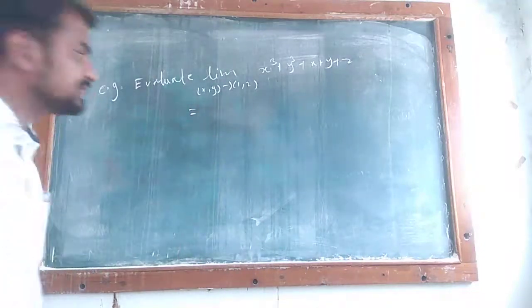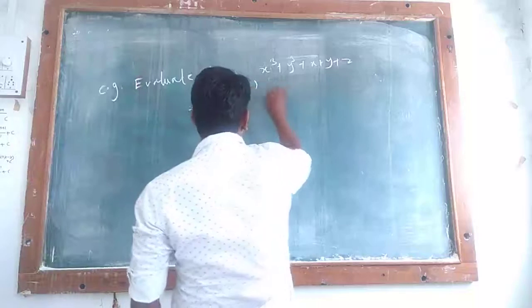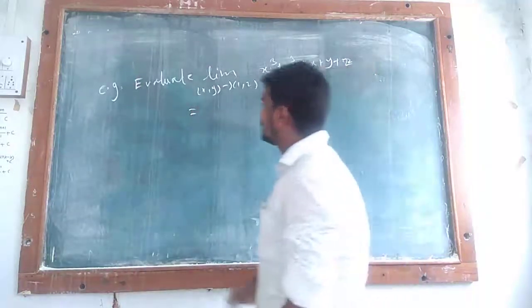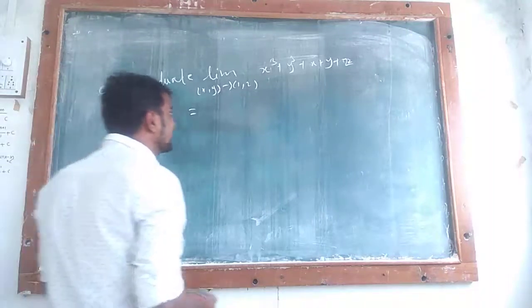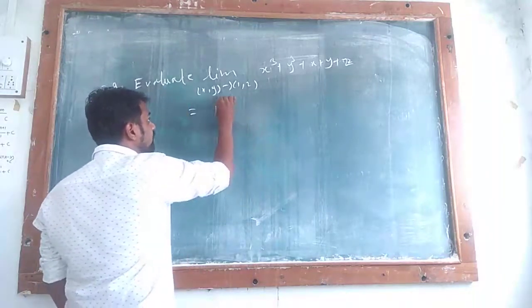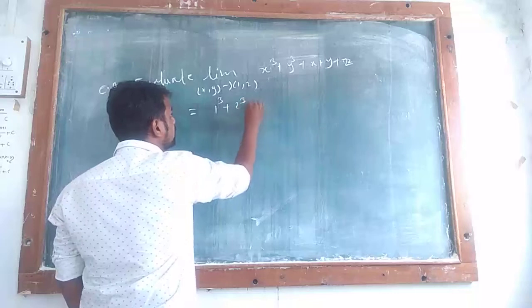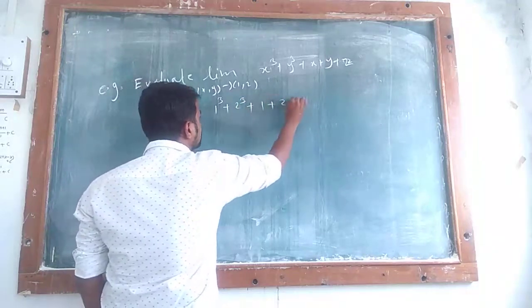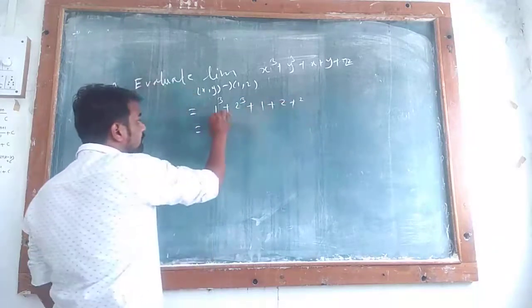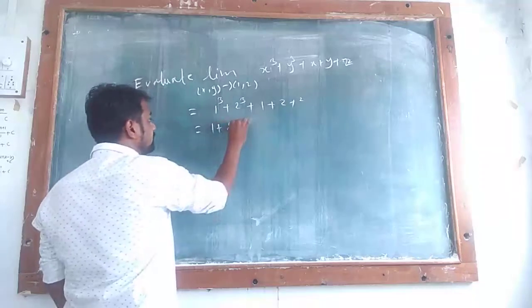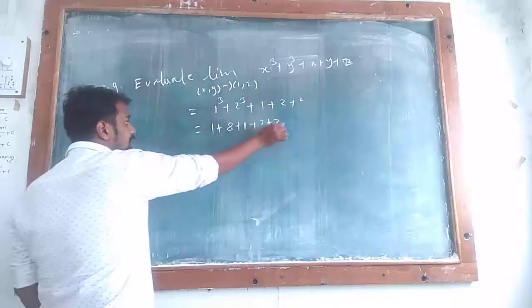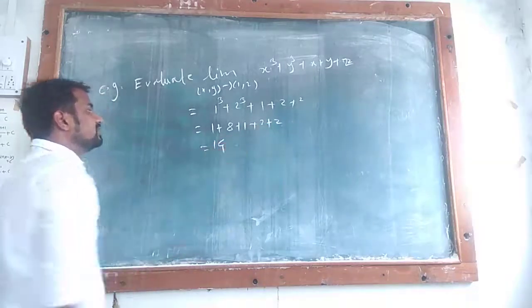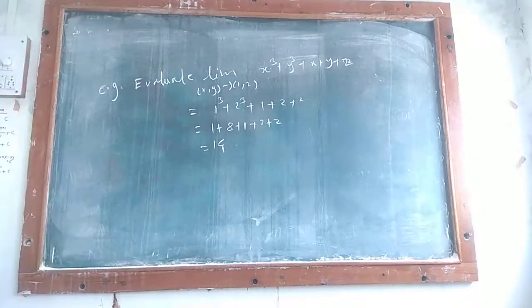This is a continuous function, and here (x, y) tends to (1, 2). Therefore, this is solved by the direct method, that is, direct substitution of the values: 1 cubed plus 2 cubed plus 1 plus 2 plus 2, which is 1 plus 8 plus 1 plus 2 plus 2, that is 14. The answer is 14. Okay.